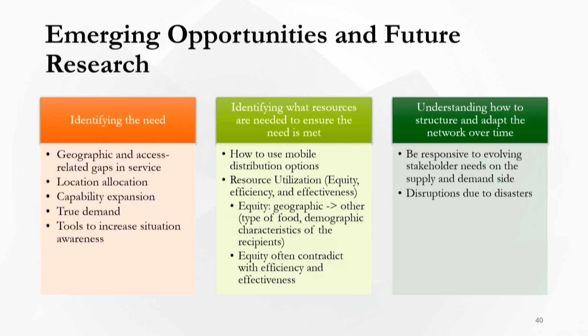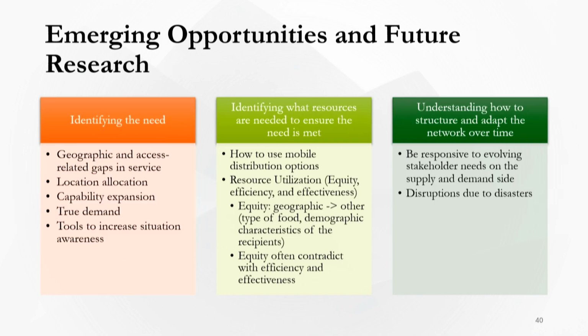Research in geographic and access gaps in services will inform strategic decisions, such as network design. From the literature, we realized the strategic decisions haven't received enough attention, simply because they're not as easy as operation level or planning level decisions, which can be relatively easily implemented.